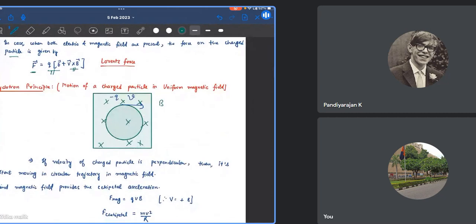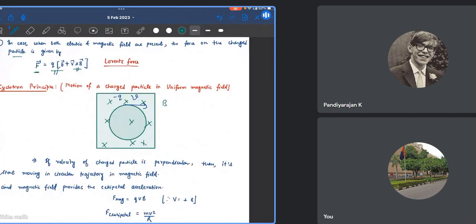And there is this cyclotron principle in which we have the magnetic field perpendicular to the plane of paper, and in this magnetic field we shoot a charge q with a velocity vector which is perpendicular to the direction of the field. So we have to calculate what kind of force the charge is going to experience.